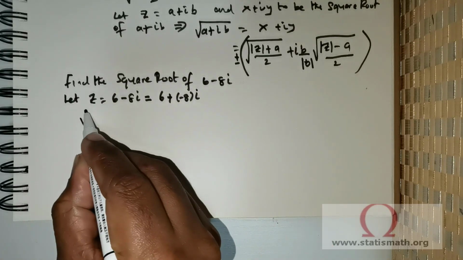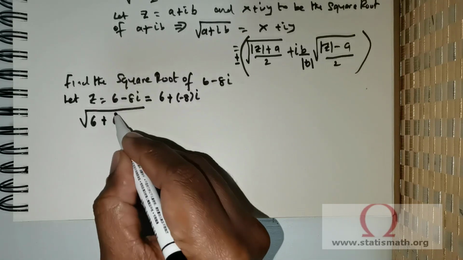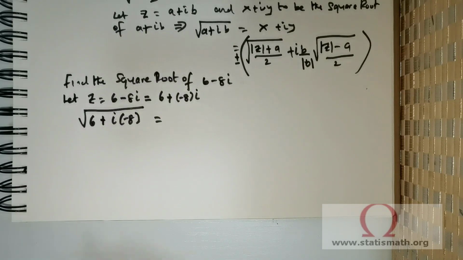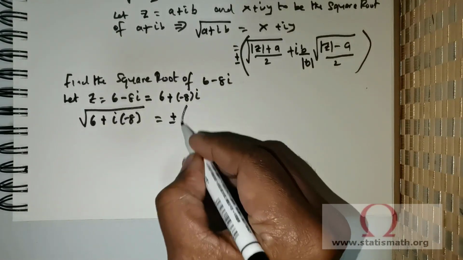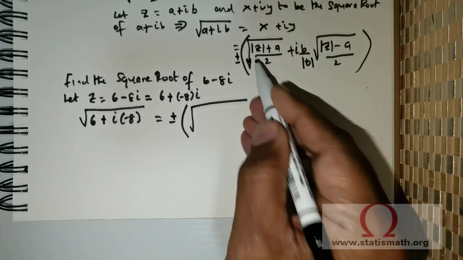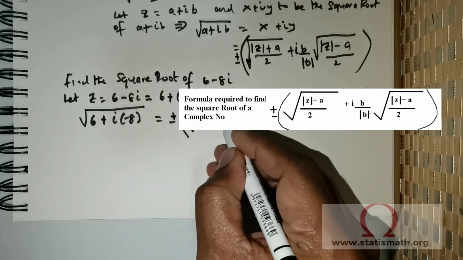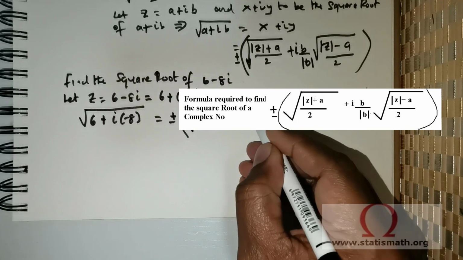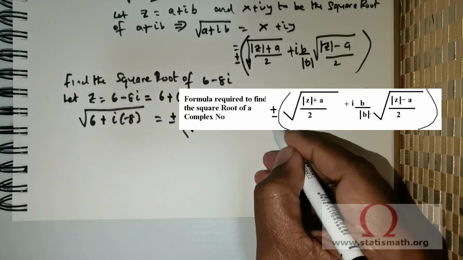So the square root of 6 + i times (−8) is going to be, the required formula is plus or minus the square root of (modulus of z + a) divided by 2, plus b divided by modulus of b.